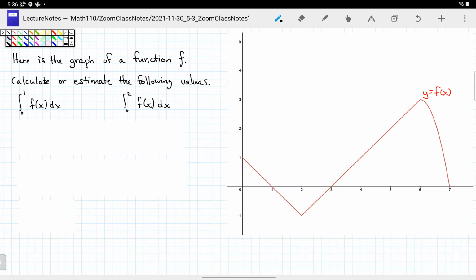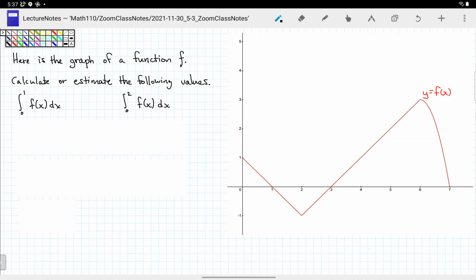So take a moment to see what you can determine about the integral of this function from 0 to 1 and from 0 to 2. Now, the integral is going to be the accumulated signed area between the curve and the x-axis, where if the curve is above the x-axis, we take the positive area, and if the curve is below the x-axis, we subtract the area.